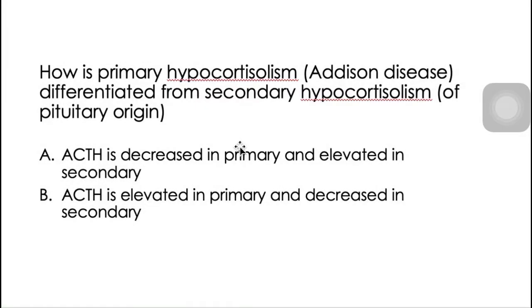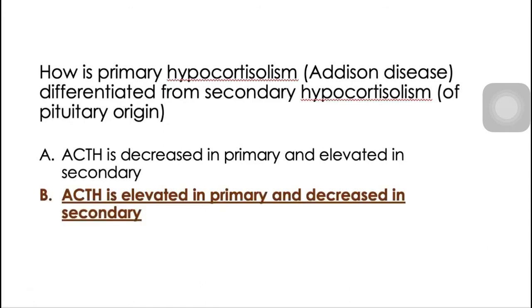Okay, so in this case, kapag yan po ay primary, mababa ang cortisol, no, pero mataas ang ACTH. Kapag secondary naman po yon, mababa ang ACTH kaya mababa ang level ng cortisol, no? So in that case, we have letter B, ACTH is elevated in primary and decreased nga po in secondary.